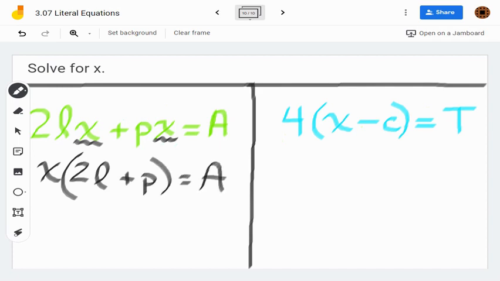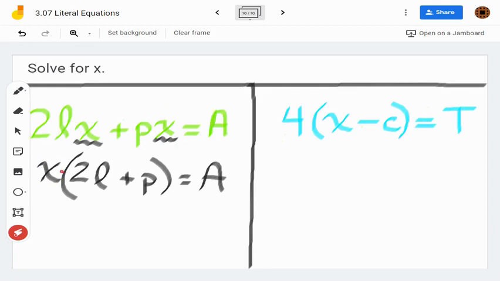Now you might wonder, okay, well, how did I know to do that? Well, the reason why we do it is because that move takes 2 x's in this upper original equation and makes it into just 1x. Now we just have 1x, which is much easier to solve for.